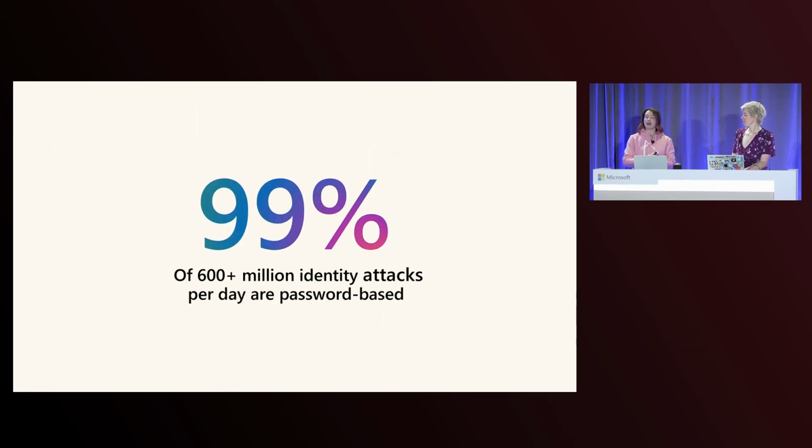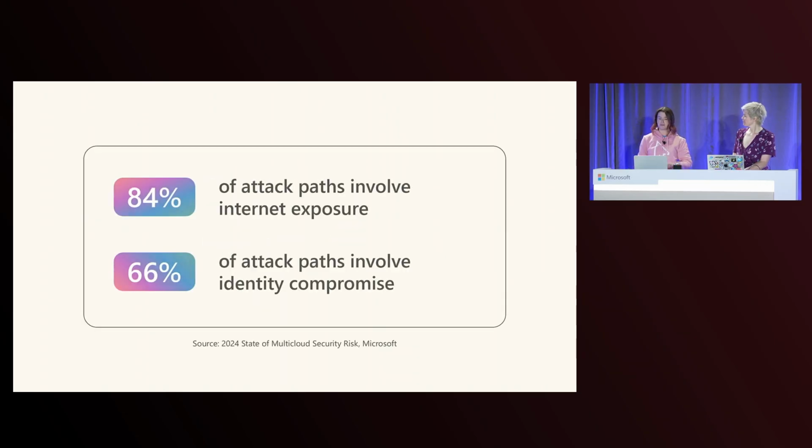But on the identity side of things, of the identity attacks that we see, 99% of them are password-based attacks. So you will have heard this before, but if you are not using MFA, please use MFA. Don't just use a password, because we see a lot of password attacks. And ideally, move away from passwords altogether, but that is a story for another day. But do if you can.